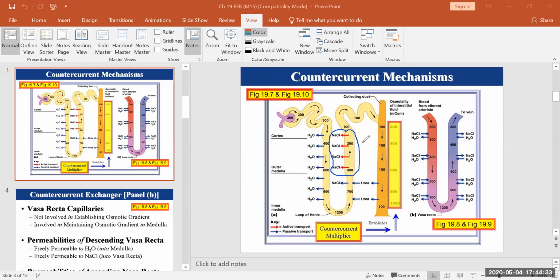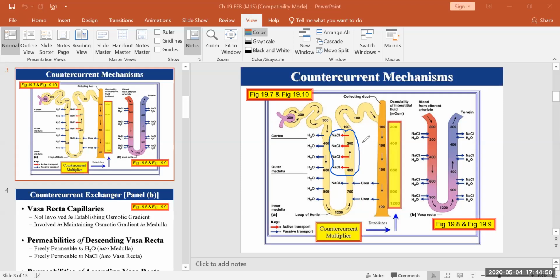The space that is basically outside of the loop of Henle and outside of the vasa recta. It's just that space outside of the vessels, outside the cells, okay? And that is what sets the tone.